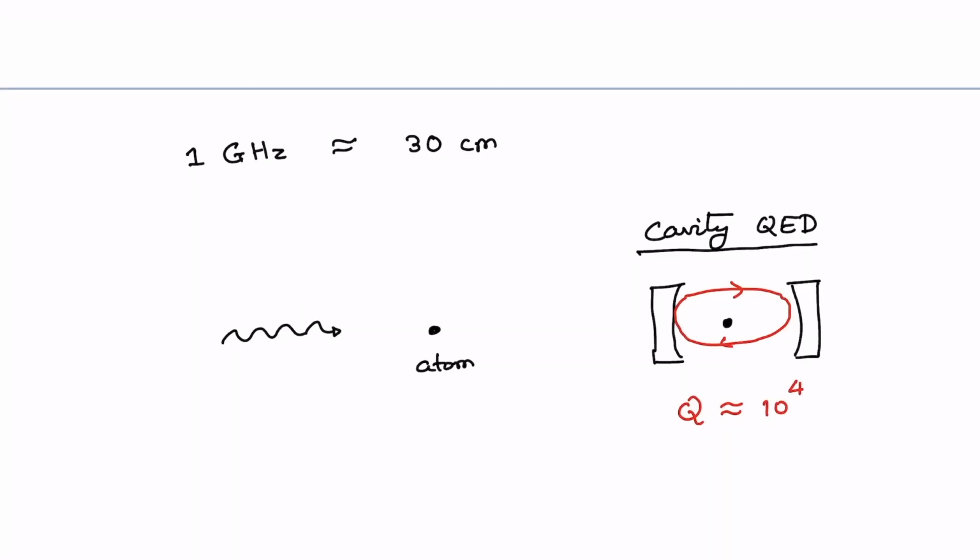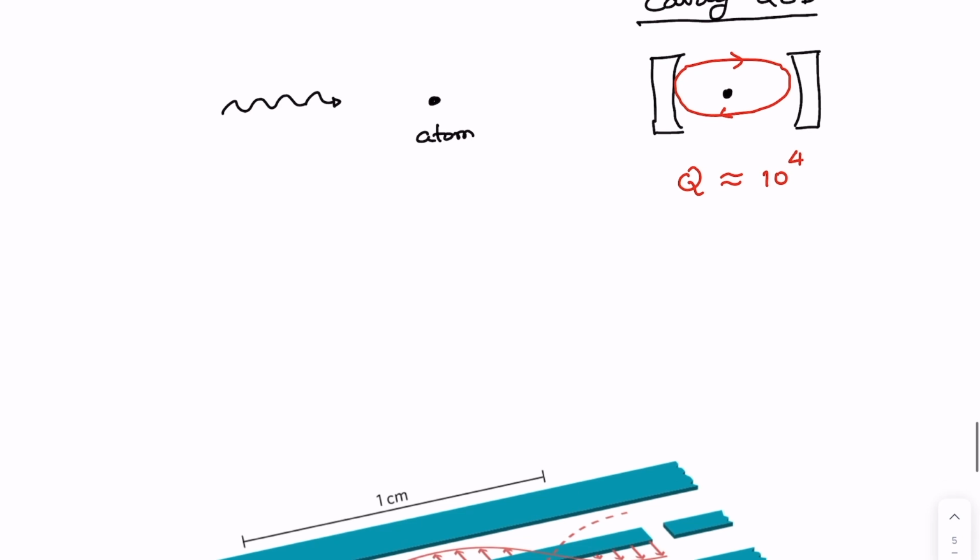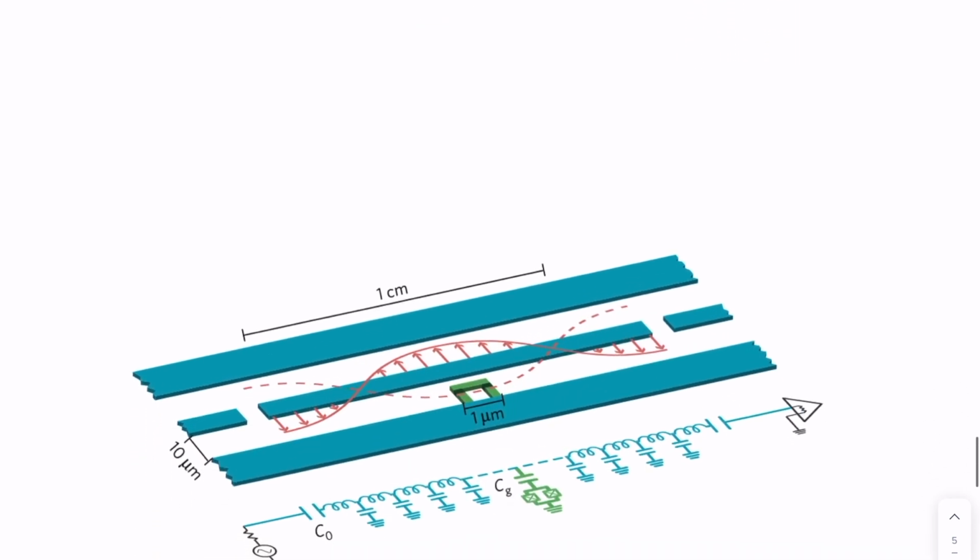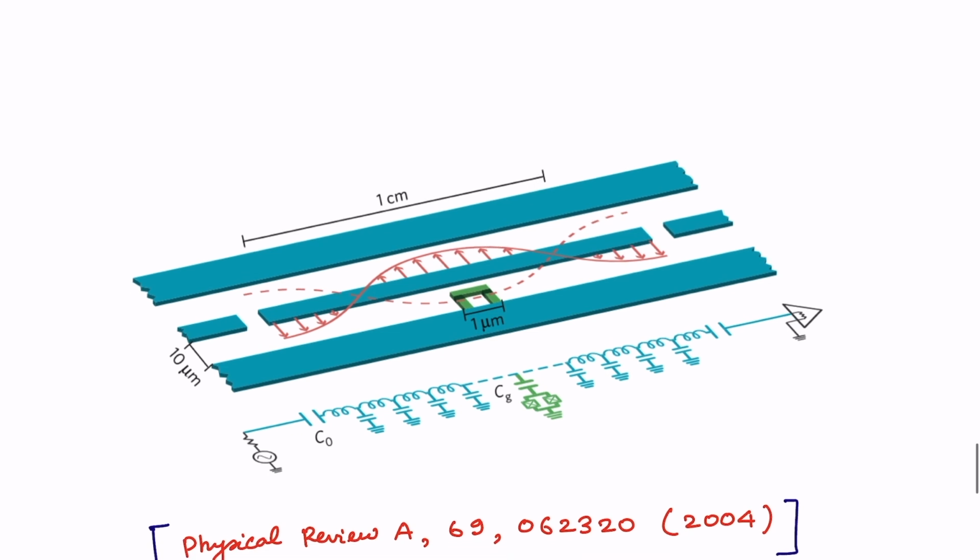In the case of a superconducting qubit also, we need an appropriate resonator operating in the microwave frequency so that strong field-qubit interaction can be achieved. This is achieved by the so-called transmission line resonator. You may know that microwaves can propagate through a transmission line.